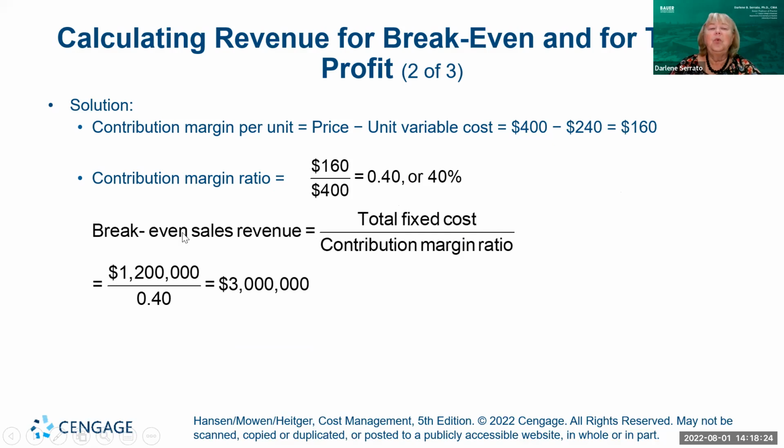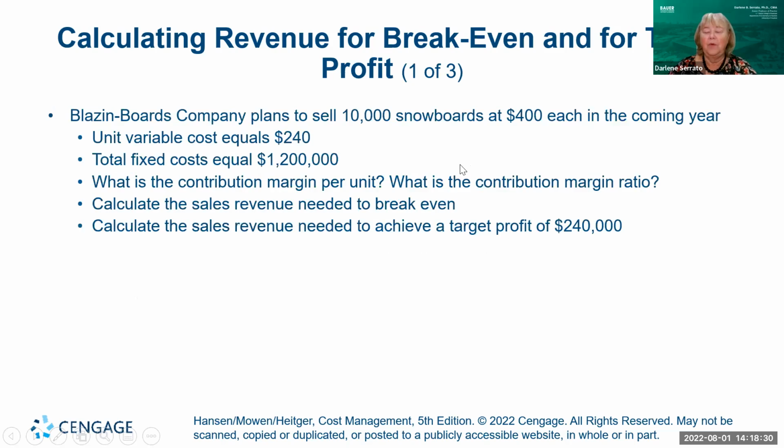Or do sales revenue and just leave the formula like we had it before, which was fixed cost plus target profit, which is 0 at break even, divided by contribution margin percentage. So we have 10,000 boards.